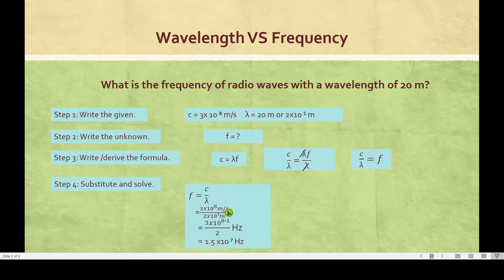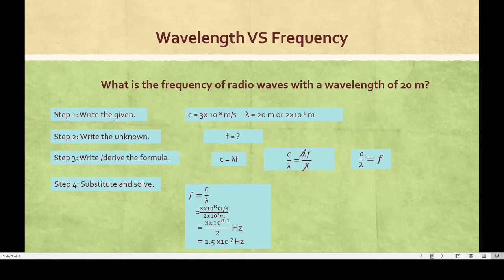Since you're dividing scientific notation, you can easily divide this even if you don't have a scientific calculator. You can download a scientific calculator, or it's up to you if you will use it or not. But in this method that I am showing you, you don't need one.